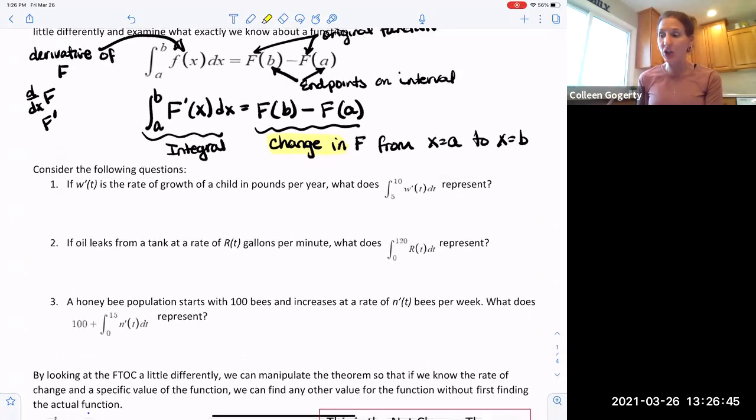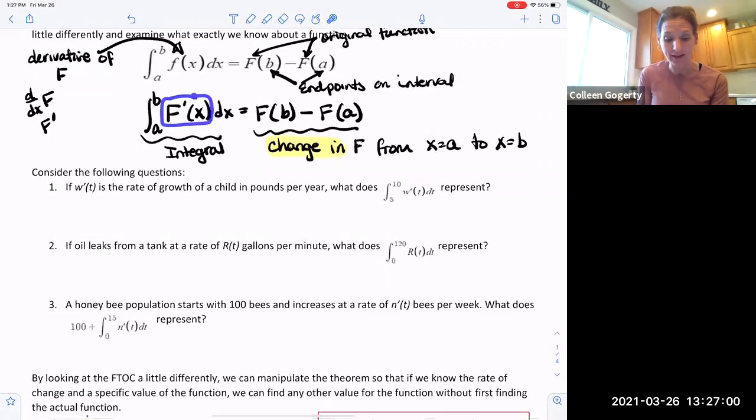Okay, in Unit 6, we definitely studied that if you're taking the integral of a derivative, those two things are going to cancel. And that ultimately, as long as b is greater than a, we don't even have to find the antiderivative of this. We can just jump straight to evaluating f of b minus f of a.